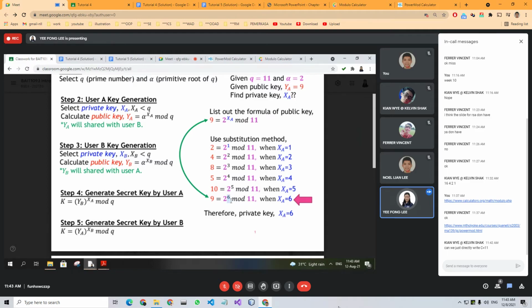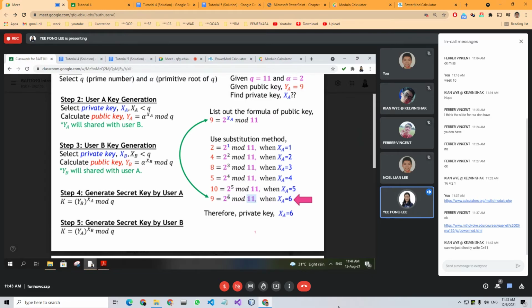If the private key is 20 plus, how are we going to try this 1, 2, 3, 4, 5, 6 until 20 plus? Is there a way for us to use an online helper to help us find the exponent, with the answer, with the base, with the modular given?